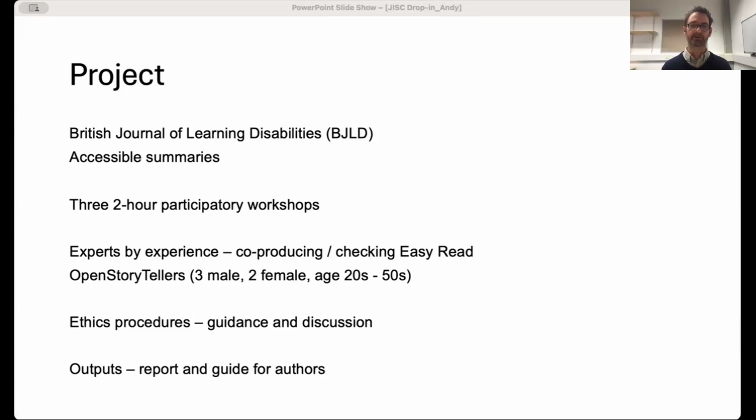And we also had support during the sessions from a staff member, the social enterprise manager. All but one of the group had prior experience of co-producing or checking of Easy Read, working with Katie and others. And actually one member, interestingly, did have prior experience of using Gen AI as well, which was really interesting.